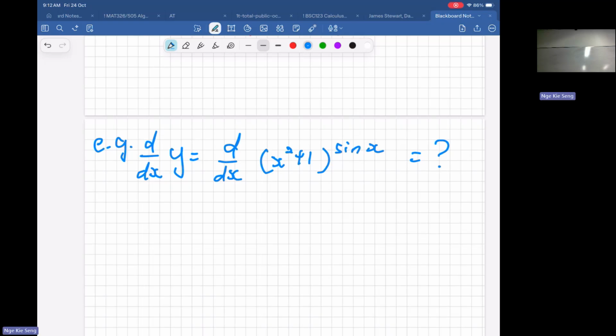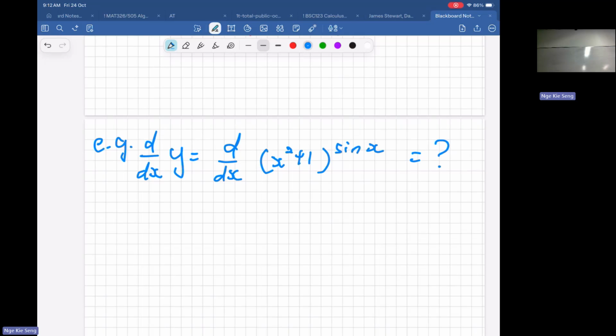Can you tell me when the logarithm function is defined? Not yet, just listen to my question. When is the logarithm function defined? y equals log x.